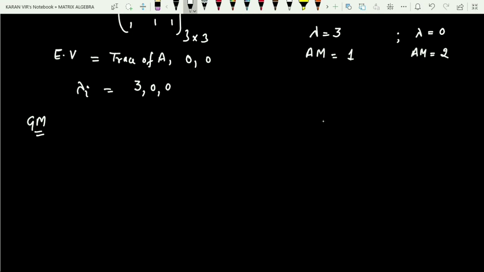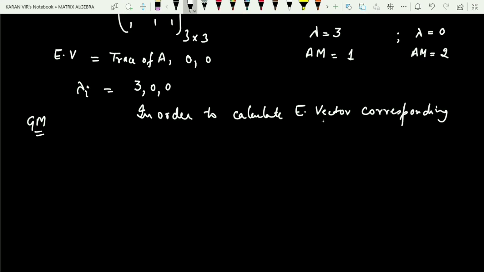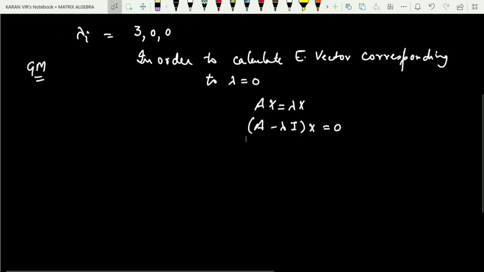So in order to calculate the eigenvector corresponding to lambda equals 0, we know that whenever we calculate the eigenvalue, we always consider the equation Ax equals lambda x, and then we write (A minus lambda I) x equals 0. x equals 0 gives the trivial solution, so we always consider the determinant of A minus lambda I to be 0 in order to get a non-trivial solution.